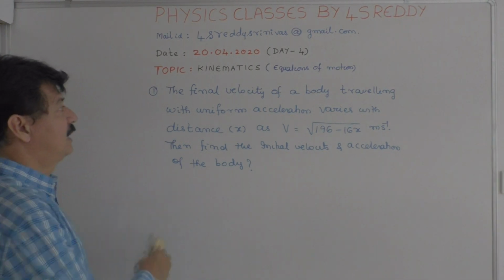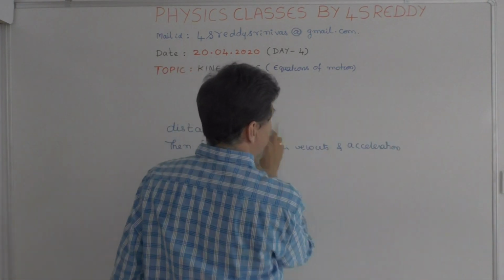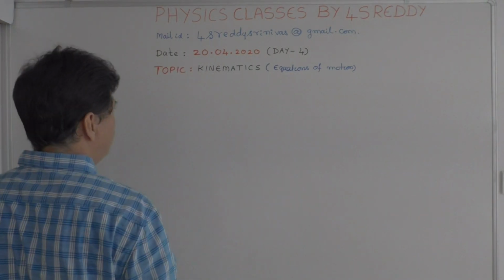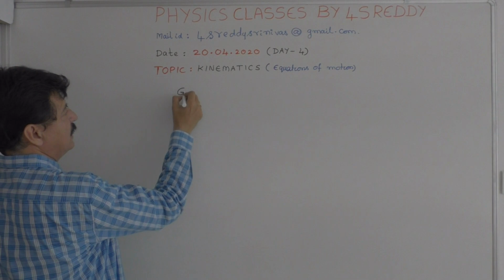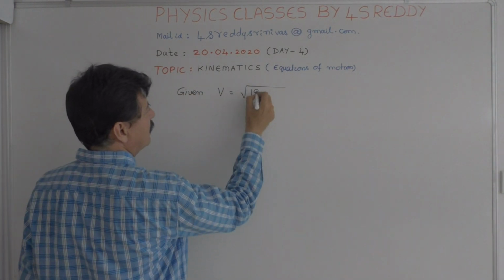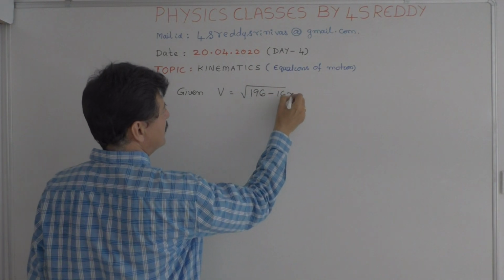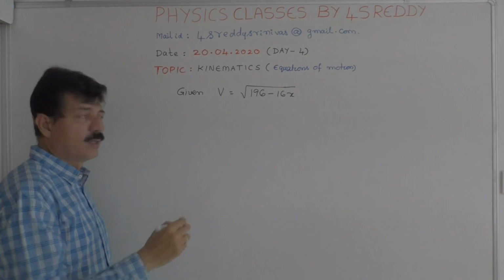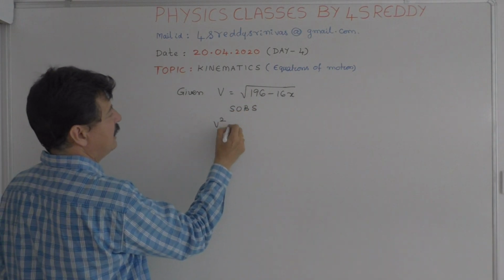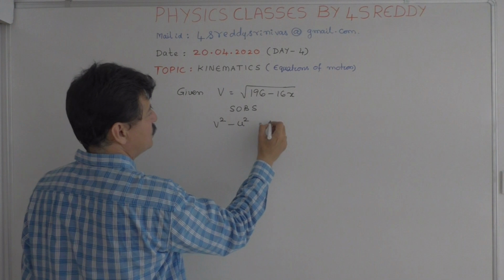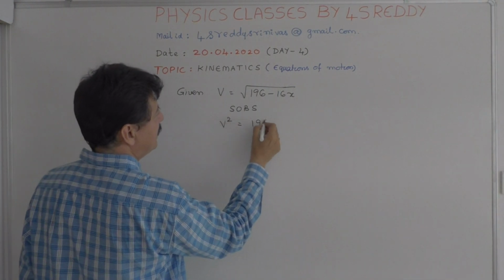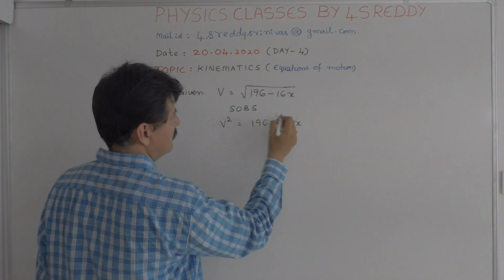Then how to solve this question? Here what you are given is that v is equal to root of 196 minus 16x. Now squaring on both sides, v square is equal to 196 minus 16x.